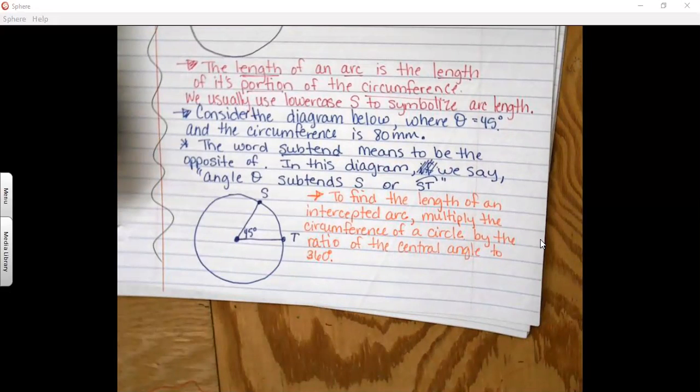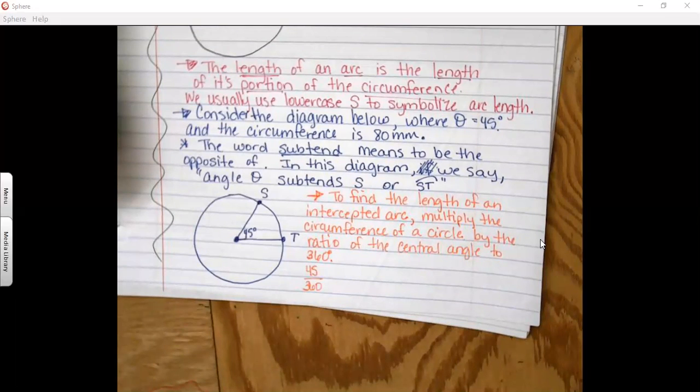Now you could multiply that by the circumference, or you can probably just reduce it if possible, so your number's not so giant. Does anybody know what 45/360 reduces to? 1/8. Very good. So 1/8 is my ratio.